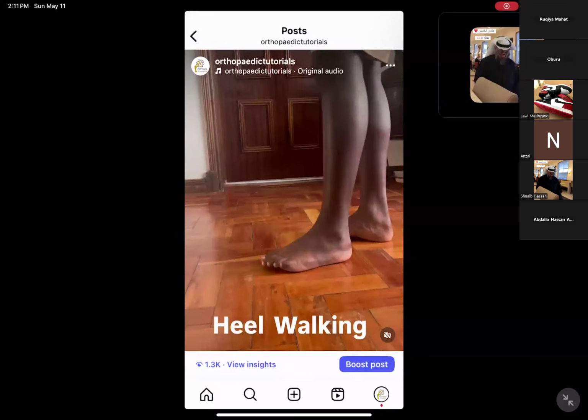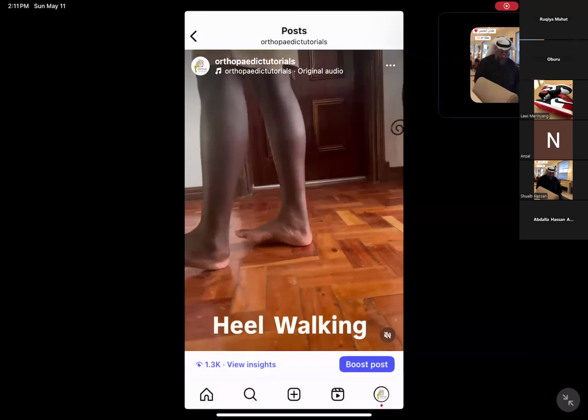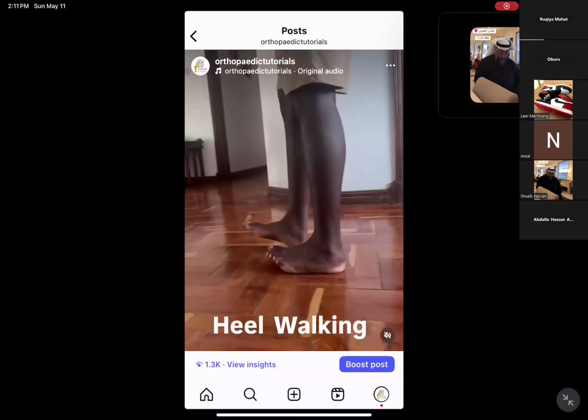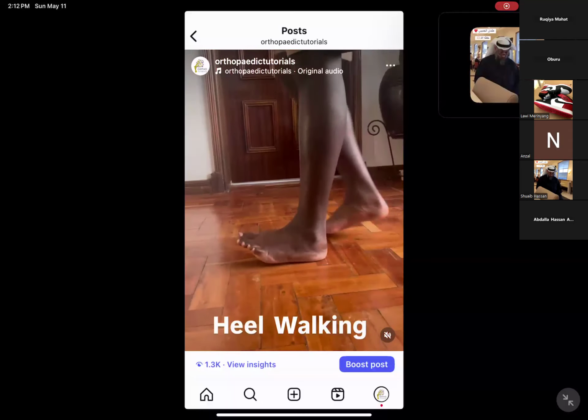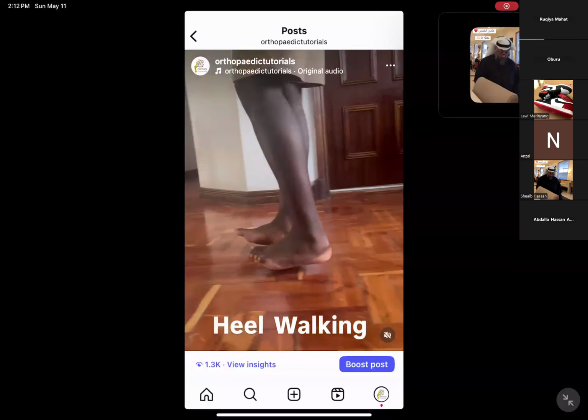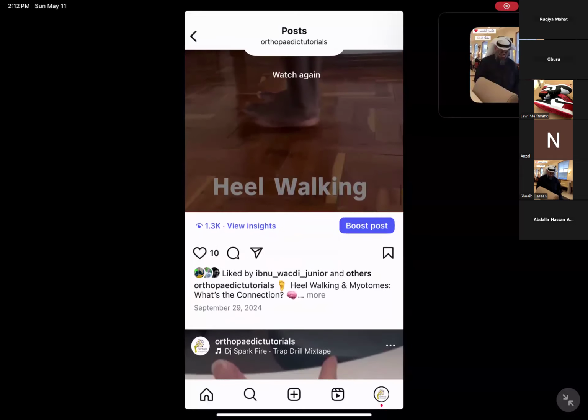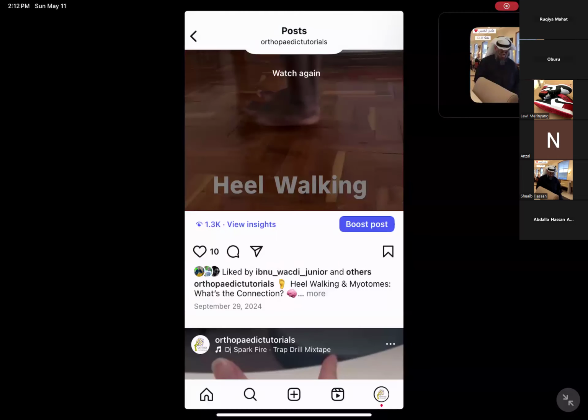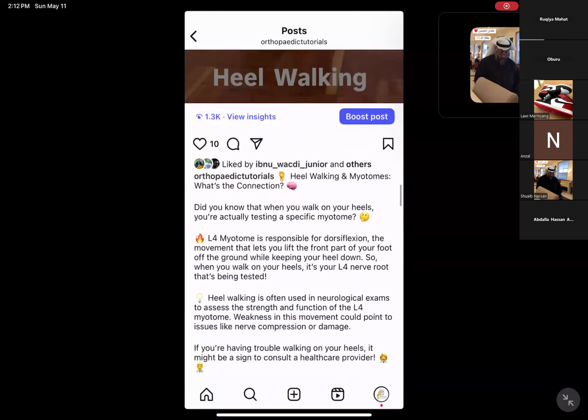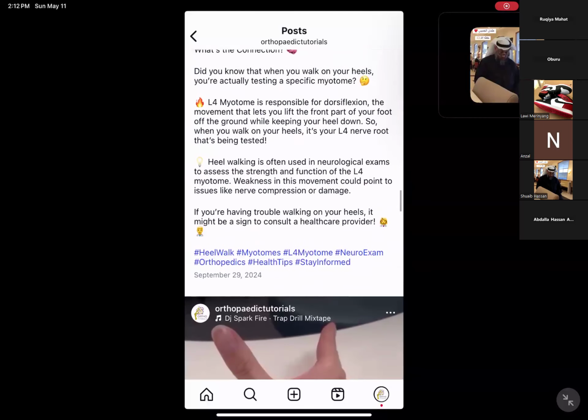This is actually my son illustrating heel walking. So I always tell the medical students, please, guys, make sure you know what are the myotomes, okay? So in heel walking, it's the L4 myotome that is being used.